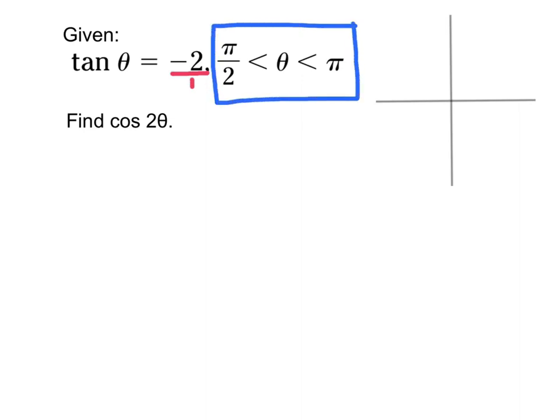So refresh your memory on where pi halves and pi is, because your angle is between those two numbers. And then you have to find cosine 2 theta using the double angle formula for that. So pause the video, work those two problems, and turn it in, and you're done.